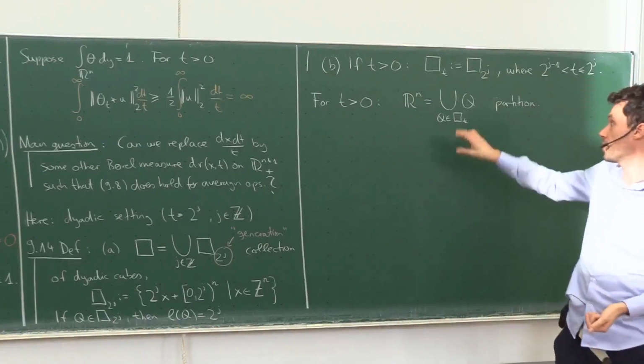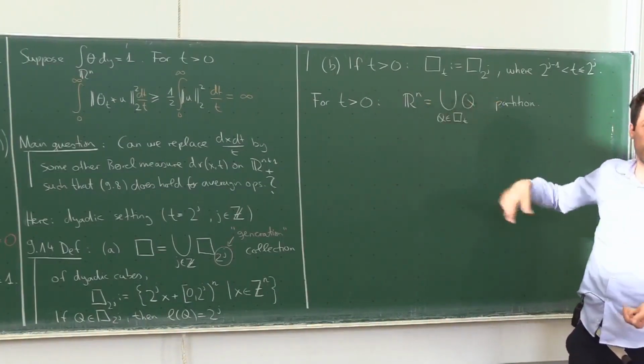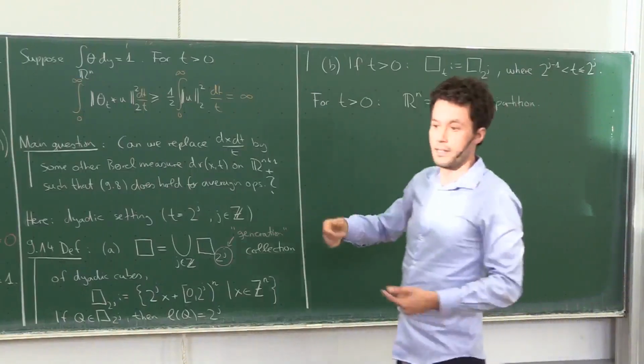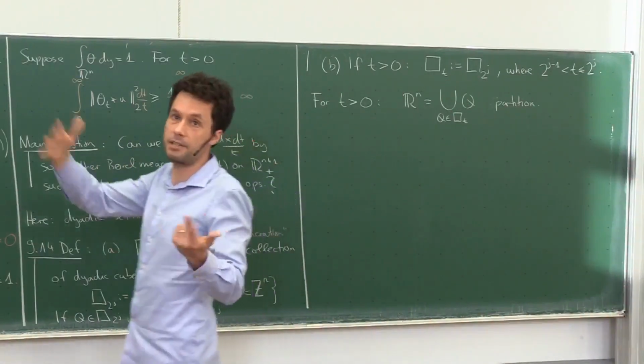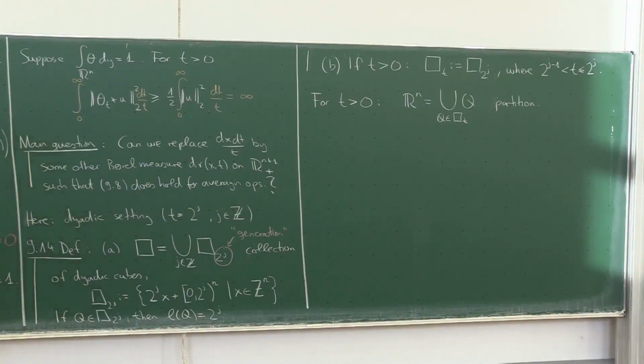For every fixed generation, you can write R^n as a partition of the cubes of generation t. If I have any point and pick any generation, I find the dyadic cube of that generation that contains my point. Then there are subcubes and supercubes, and they are ordered.